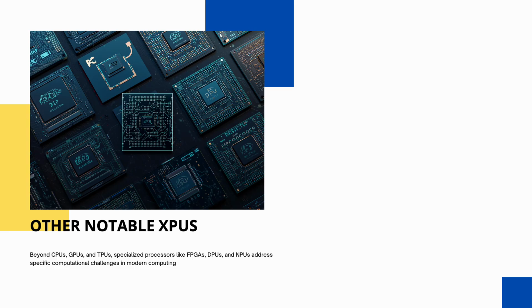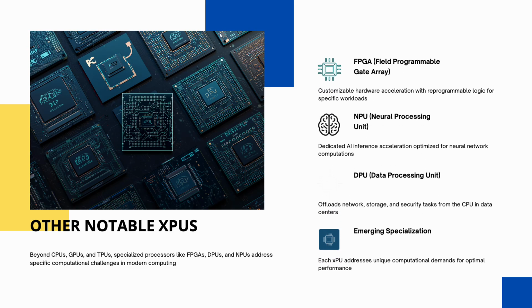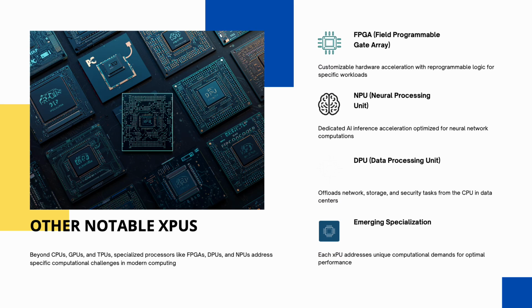Beyond CPU, GPU, and the TPUs, there are few more specialized processors. Say for example, FPGA, the field programmable gate array. These are customized hardware acceleration with reprogrammable logic for specific workloads. Then there are NPUs or the neural processing unit.